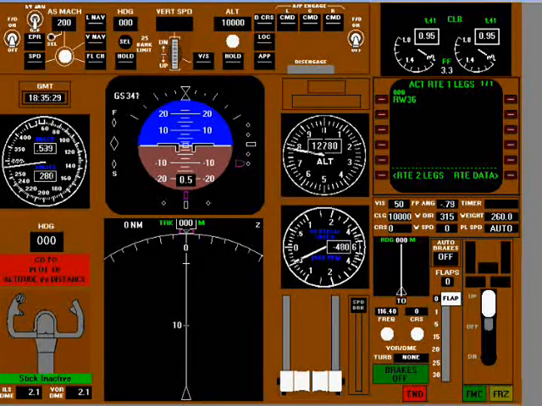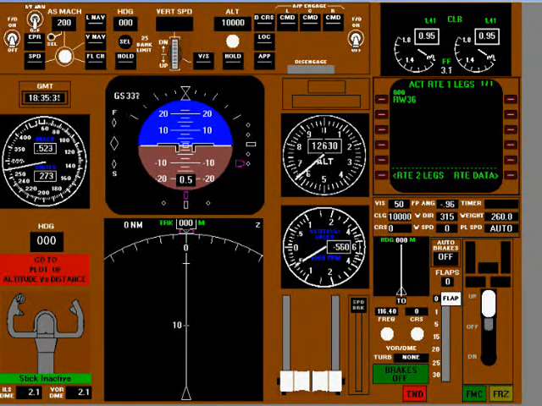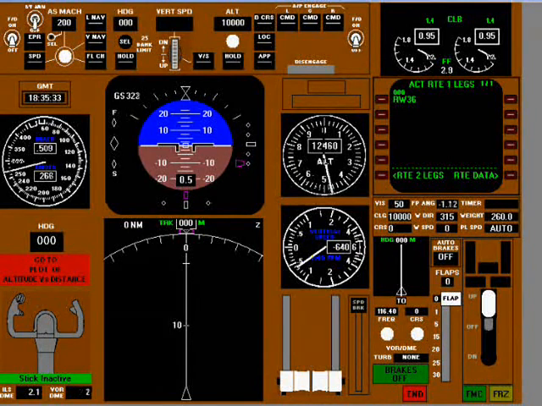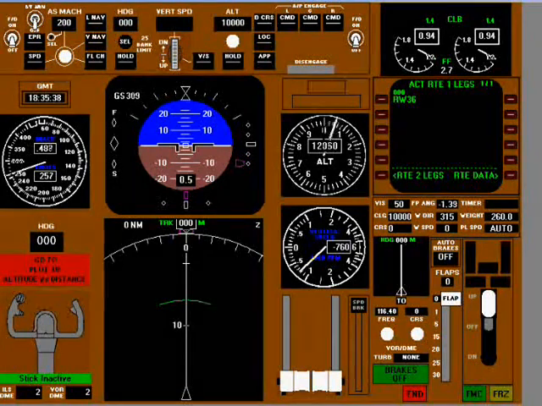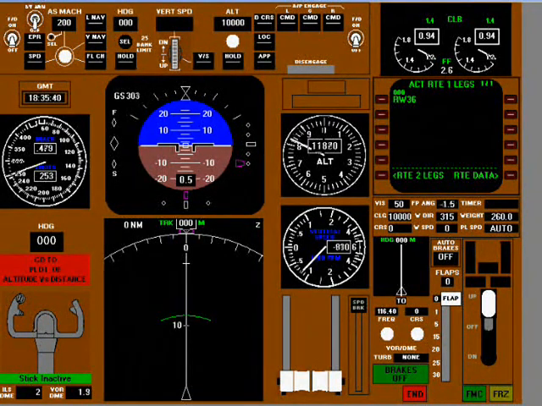Plotting speed has now been increased. Note the gradual change in airspeed toward 240 knots and the vertical speed toward 1,000 feet a minute.